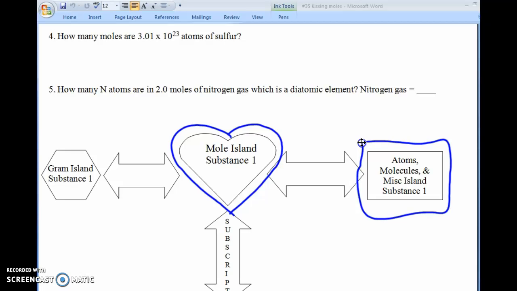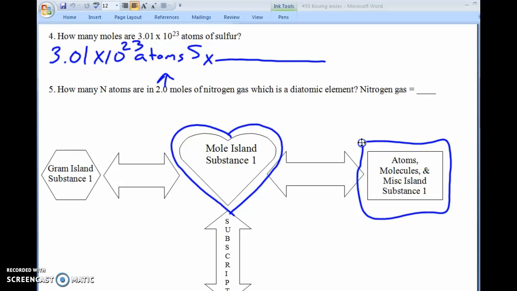So we start the problem with what they give us and the label. 3.01 times 10 to the 23rd atoms of S. I put a multiplication sign, I put a division bar. Whatever is right here for a label, I put on the bottom of the next step. So I go atoms, sulfur. Okay?